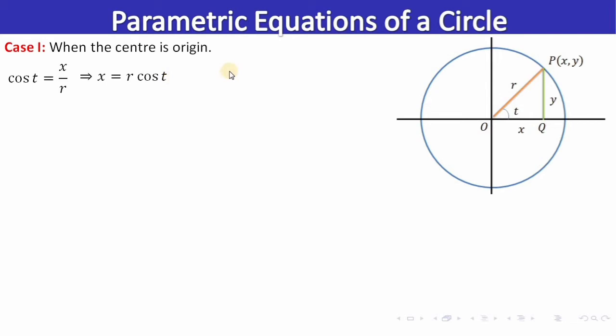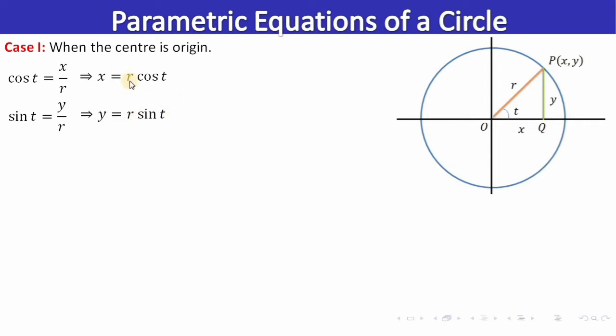Now if you see here, in this equation we don't have y. So let's try to form one more equation containing y. We see that sine theta will be perpendicular by hypotenuse, and my perpendicular is y. So y by r gives me sine theta, that is sine t. So from here we have y equals to r sine t.